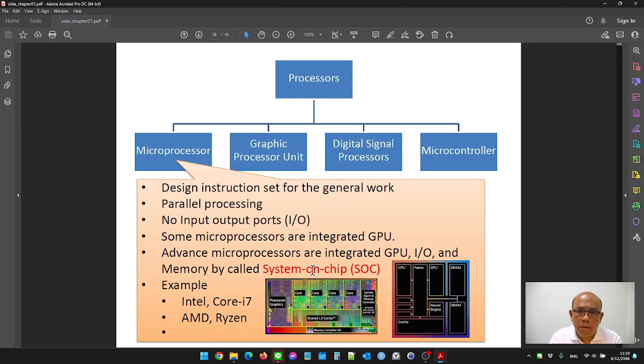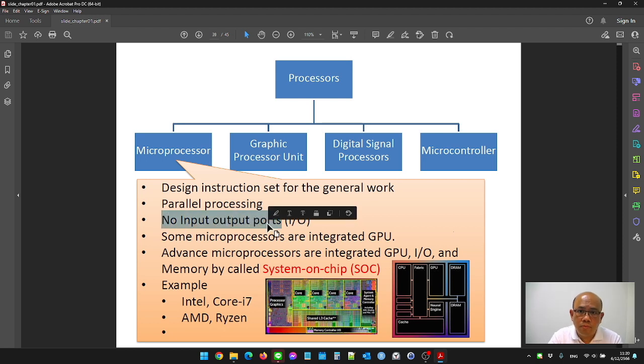For users, they know the CPU, but when you learn in this class, the CPU and microprocessor have the same meaning, but differ in size. Okay, the difference is in the size detail.